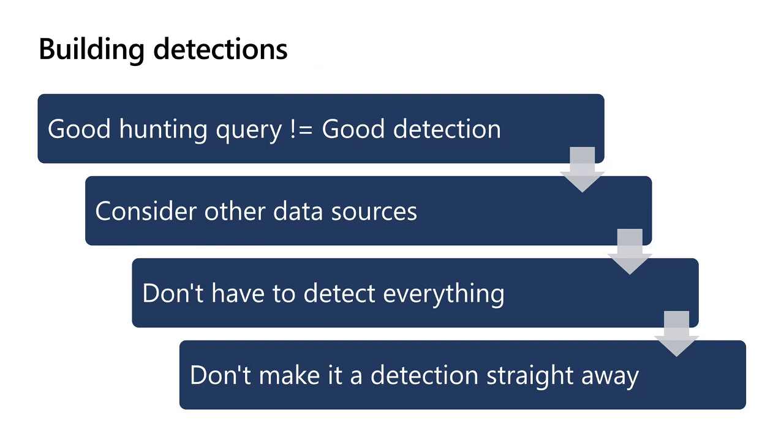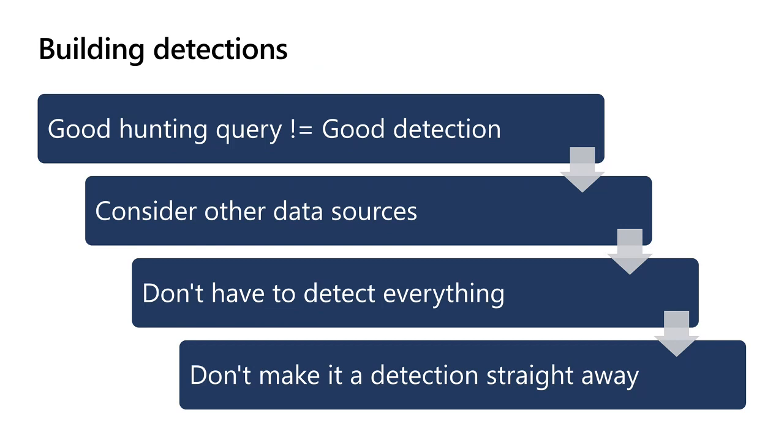Are there other points we could detect this activity? So if your hunt has detected a piece of malicious activity at a later stage in the kill chain, maybe you could create a detection that detects that activity at the start or earlier down the kill chain?